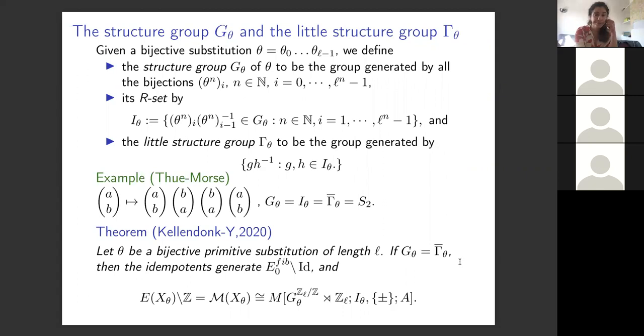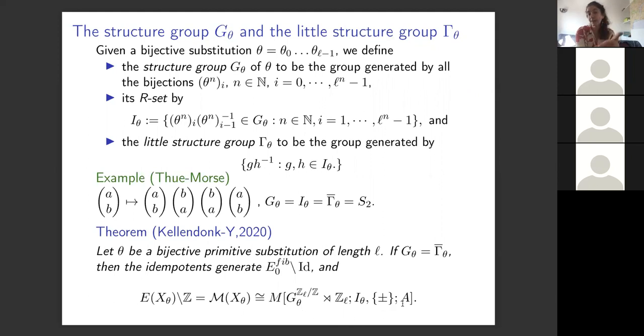So in this case, G theta equals gamma theta bar, and that's exactly when the idempotents generate the fibered semigroup. Our first result was that if G theta is equal to the normal closure of gamma theta, then the idempotents generate all the maps on E fib restricted to the 0 fiber, and I can describe the kernel of E X theta as this matrix semigroup.